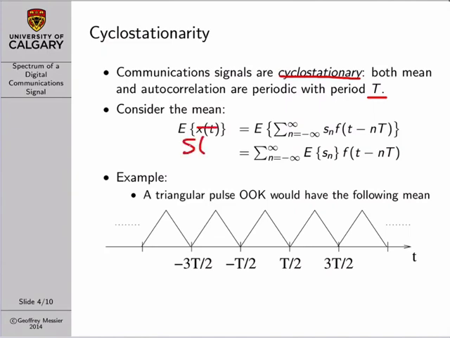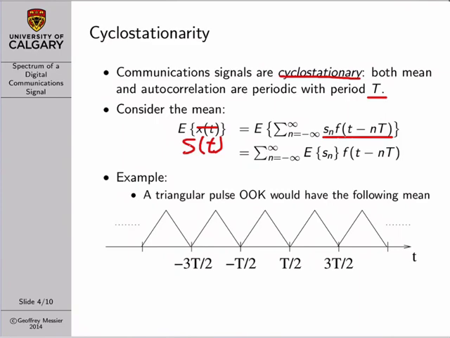This is a typo. This should be s of t, not x of t. We take the expected value of our original transmitted information expression. And again, we do the trick that we did a couple of slides ago, where we take our expected value operator and allow it to shrink around the part of the signal that is random.